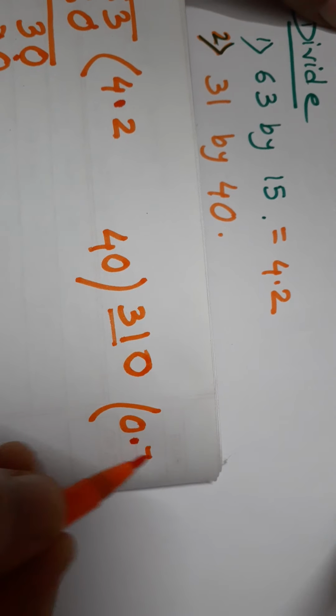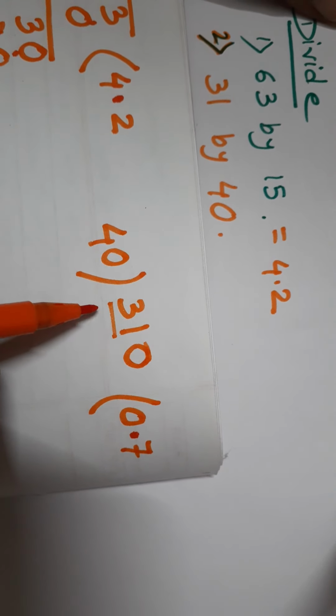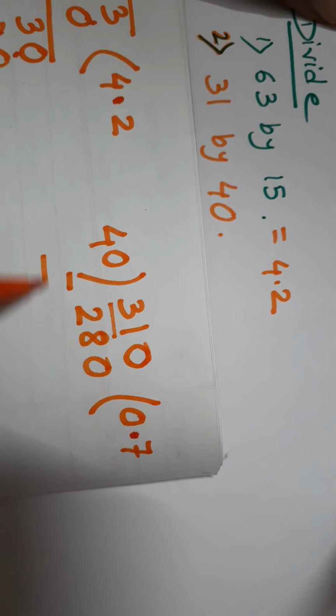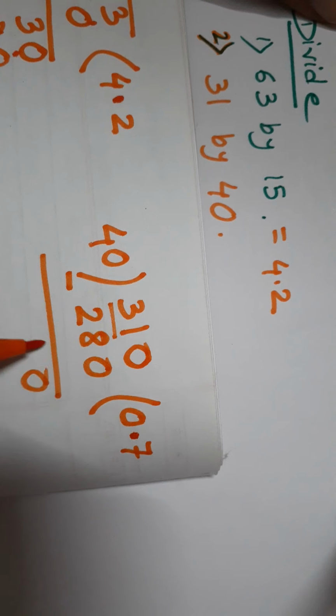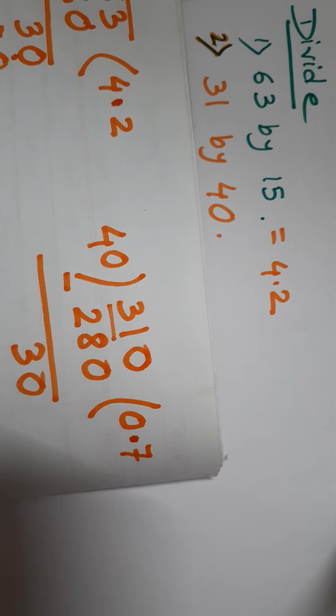So how many times will 40 go into 310? 7 times 40 will go into 310. That means we will get 280. Now when we subtract it, we will get only 30. Now, due to this decimal point, there is no need to put a decimal point again.